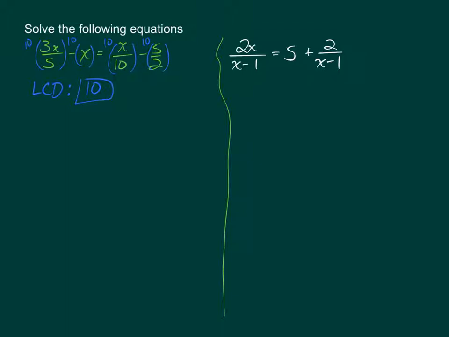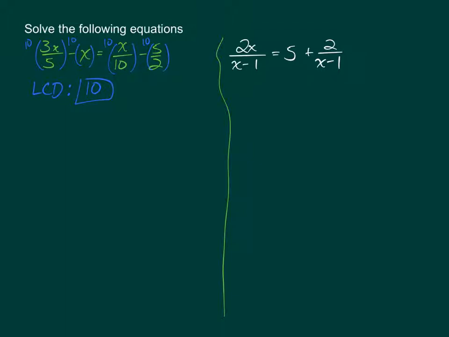So when you look at the terms with denominators, the 10 will reduce with those. With this term right here, it's just going to be minus 10 times x. We can't reduce this 10 with anything here.